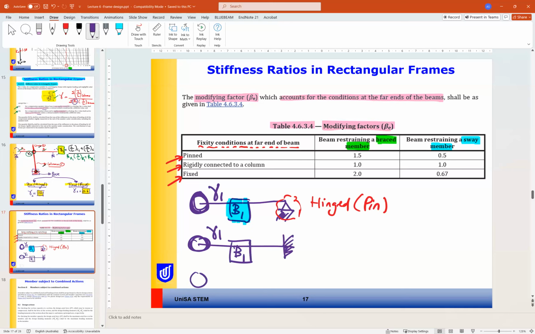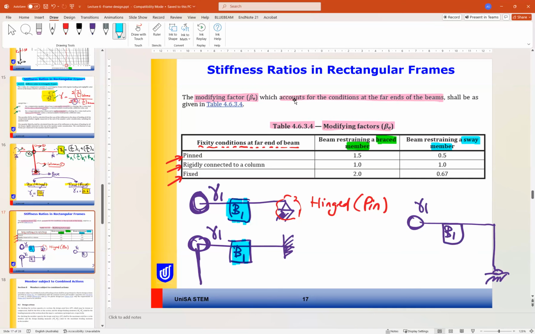Another case, we can have a column. So this gamma 1 we are calculating for this column and this B1.